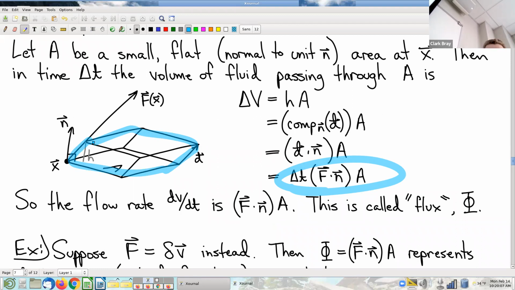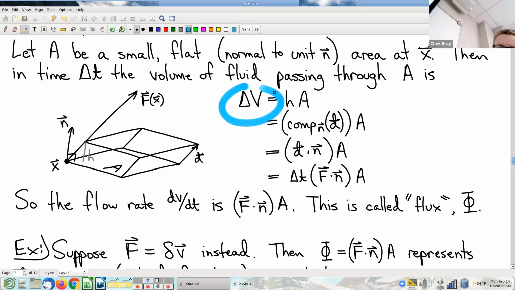Why did I compute the amount of volume that went through in time delta t? Because what we're actually interested in is volume per unit time.